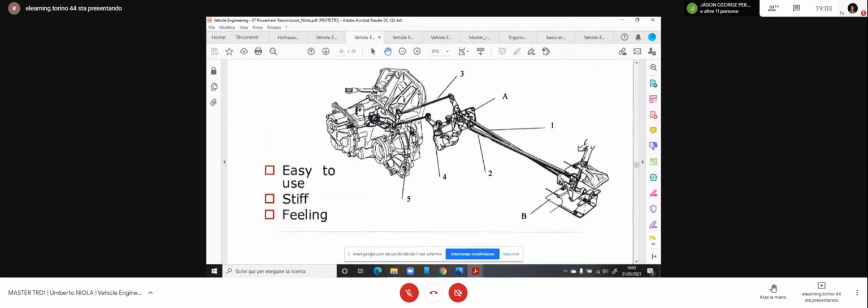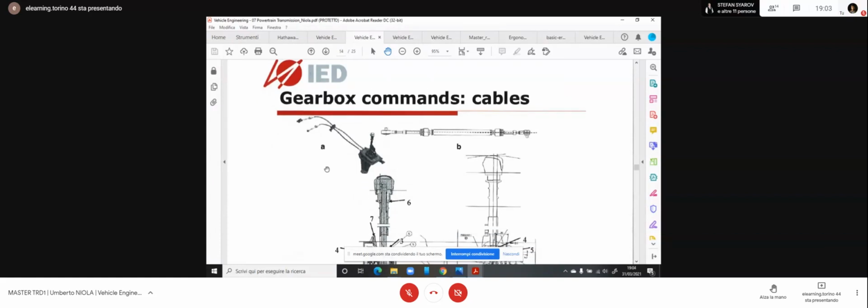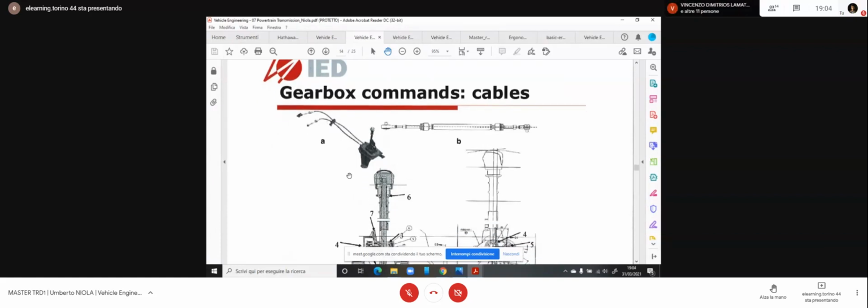This is an intermediate rocker, another rod, another rocker. So all these pivot points and ball joints make free play, and so you have no great precision. It is easy to organize the position of the lever and the control on the gearbox if you use flexible cables like this.